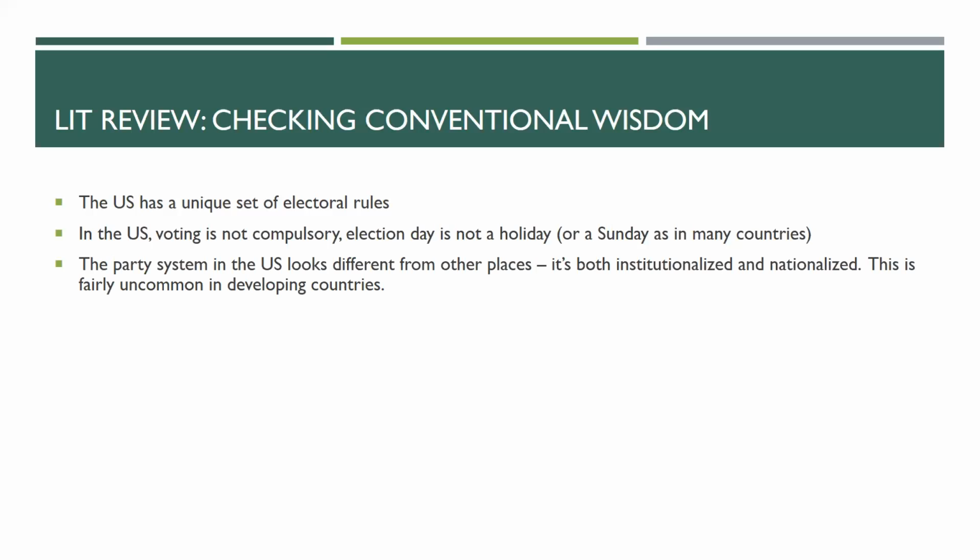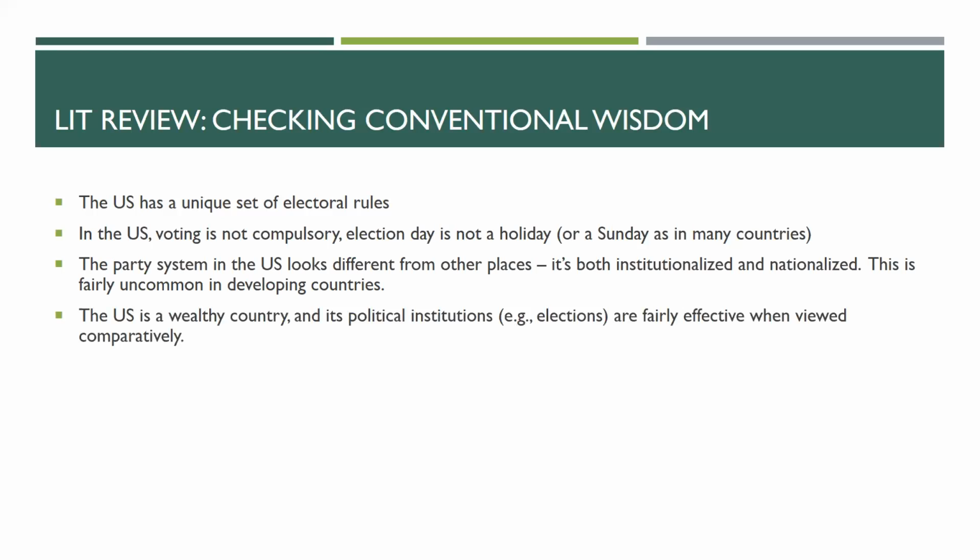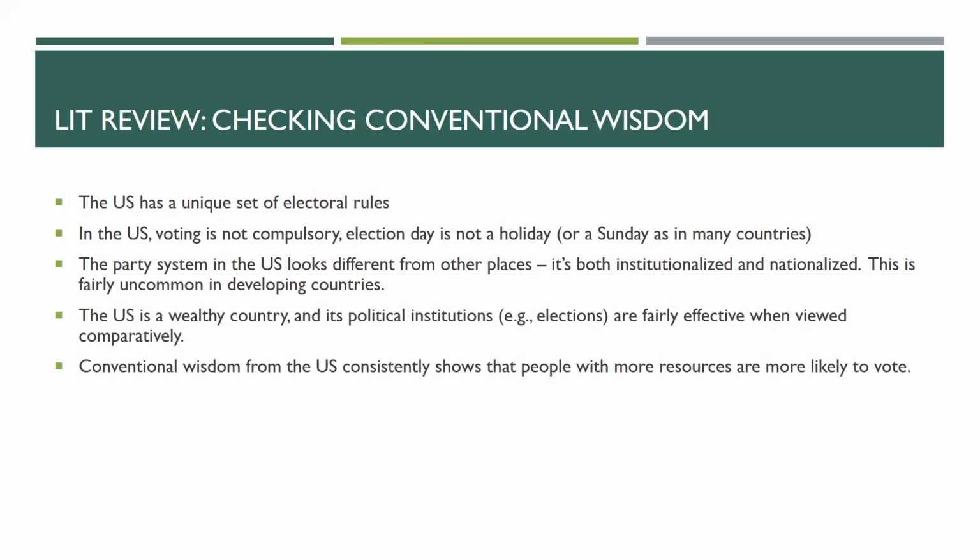Party system here is different, institutionalized and nationalized. It's fairly uncommon elsewhere, particularly in new democracies or in the developing world. And then the big one, the US is a wealthy country, right? And its political institutions, such as elections, are fairly effective when we view them in a comparative context. So all of these things matter.